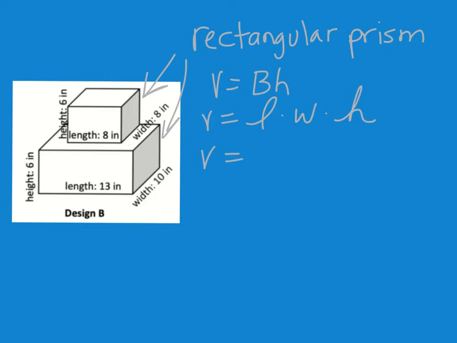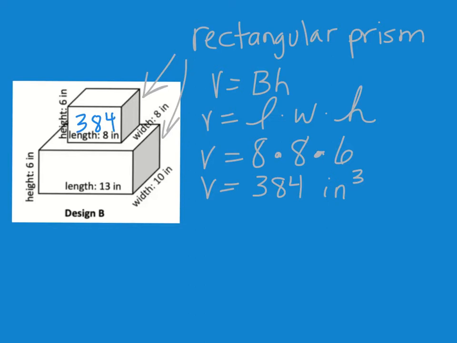Okay, so looking at the top, we have length of 8 times a width of 8 times a height of 6. So 8 times 8 times 6. So our top piece totals 384 inches cubed. Okay, so in here, this piece of cake is 384.